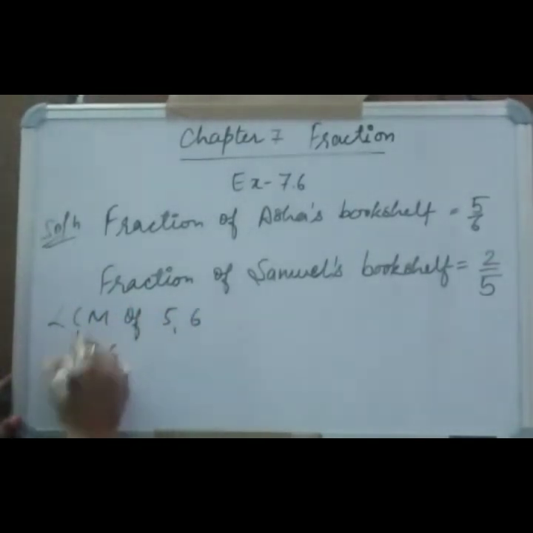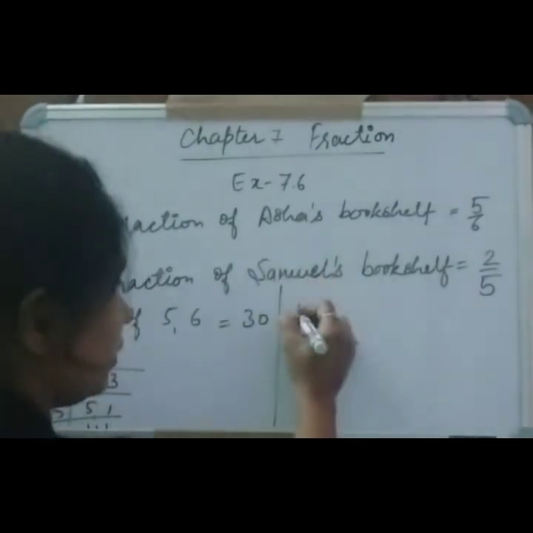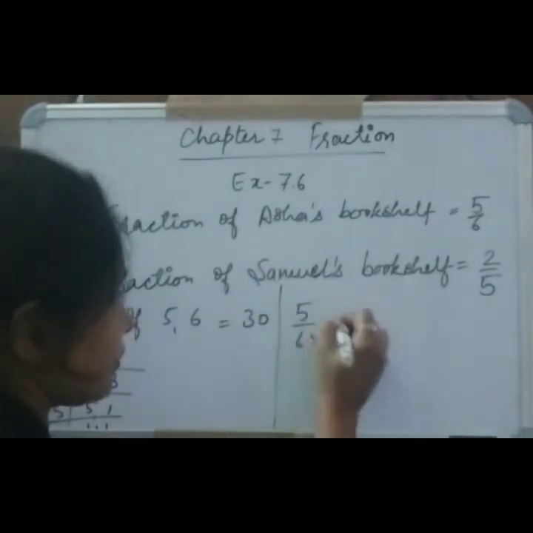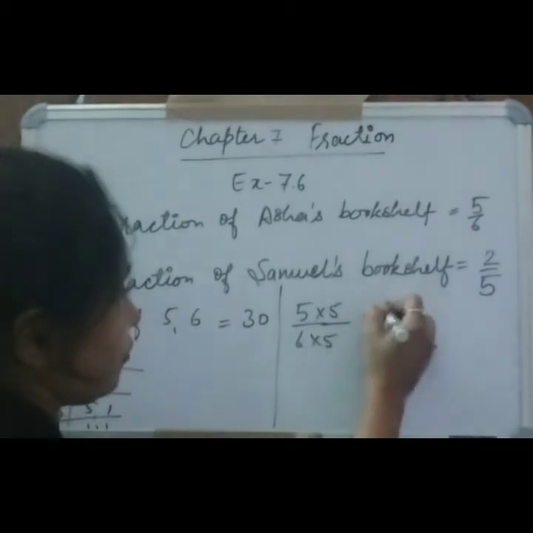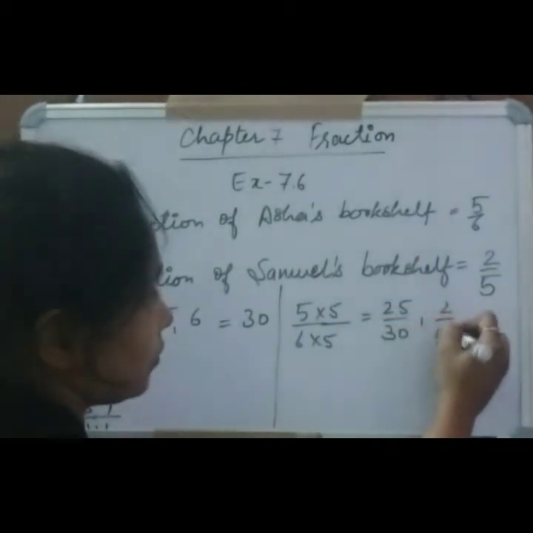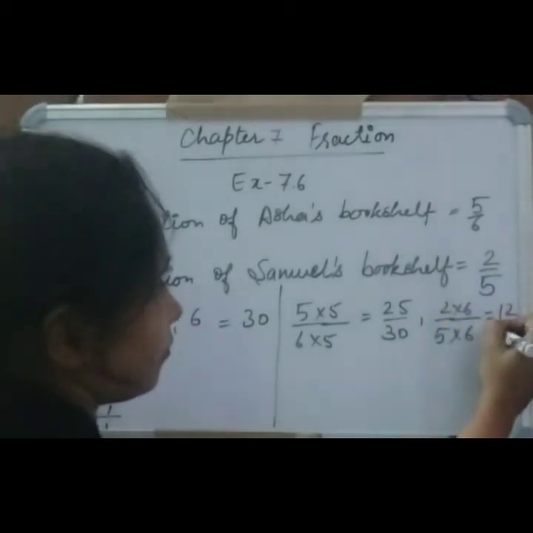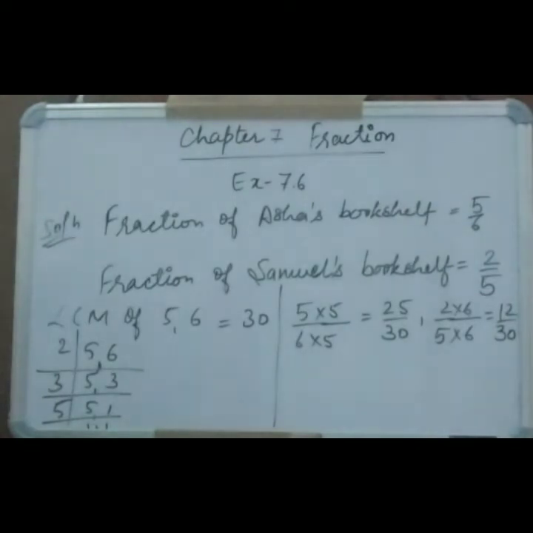See here. 2 3s are 6, and 5 1s are 5, so it is 30. We will make both denominators 30. 5 by 6: 6 5s are 30, and 5 5s are 25, so it is 25 by 30.